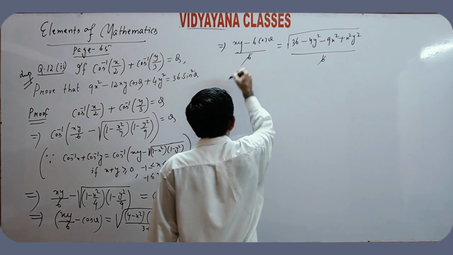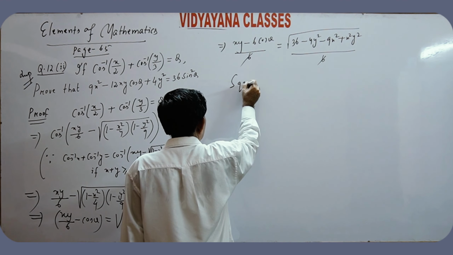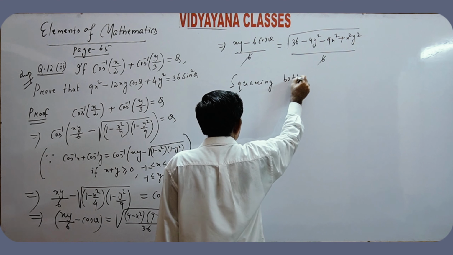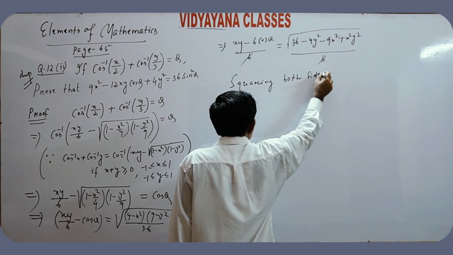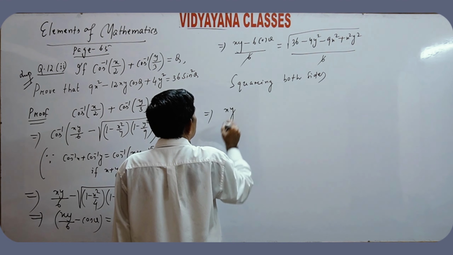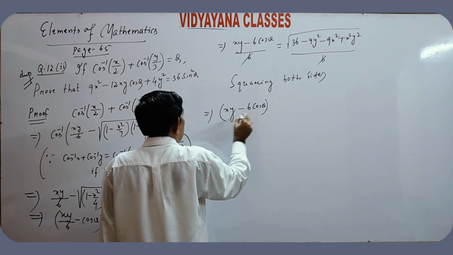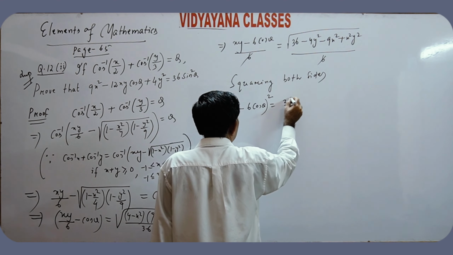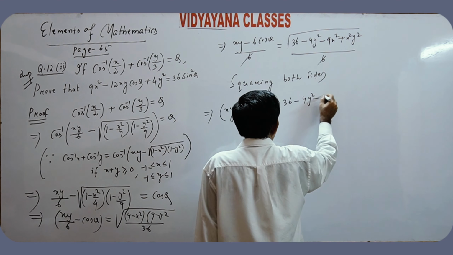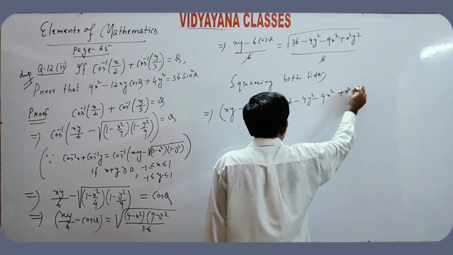The 6 cancels. Squaring both the sides, it gives (xy minus 6 cos theta) whole square is equal to 36 minus 4y square minus 9x square plus x square y square.